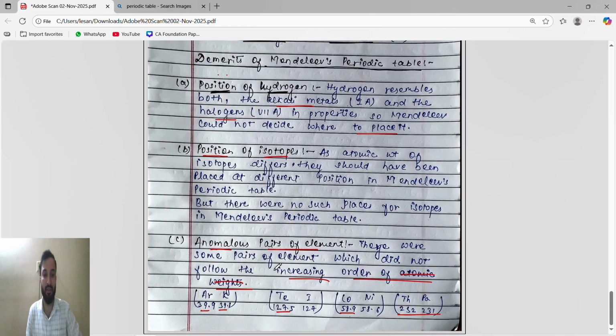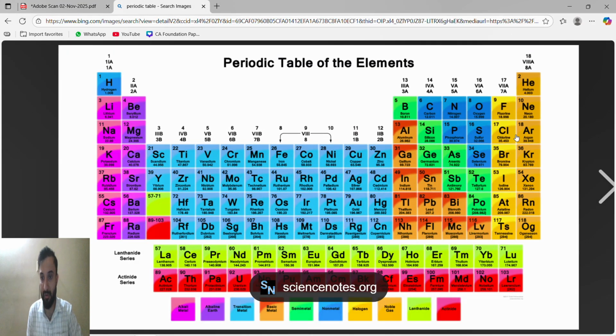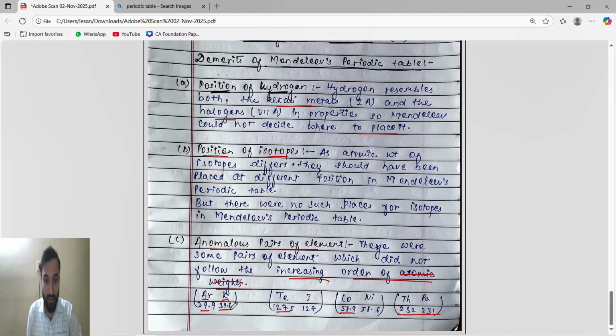यस सर समझे। तो anomalous pair of elements means see here argon and krypton. तो krypton is coming after argon. See here, देखो भैया यहाँ पास, this is argon and this is krypton. तो भैया what is happening? Krypton is having 39.8 atomic weight and argon was 39.9.